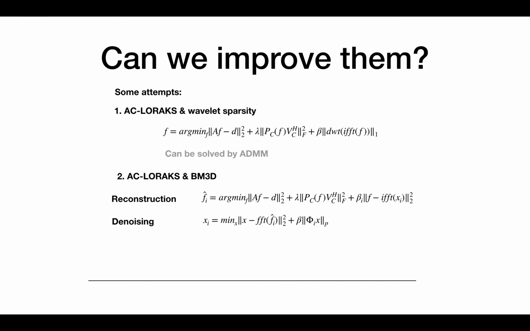And with this thought, I will attempt to reconstruct the data in two ways. The first is to combine AC-LORAKS with wavelet sparsity. In this way, I add an L1 regularization term of the wavelet transformation to the AC-LORAKS model, and it can be solved by an ADMM approach.